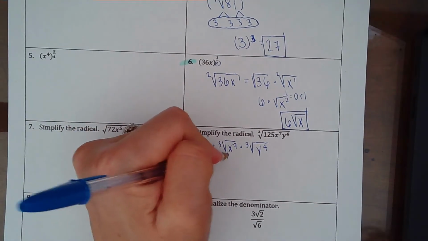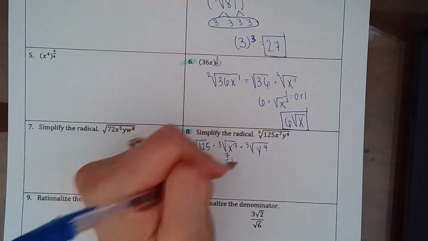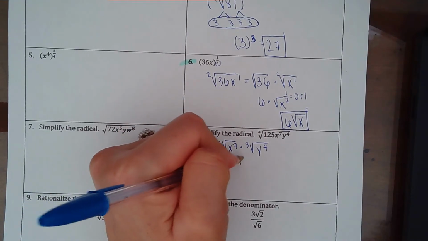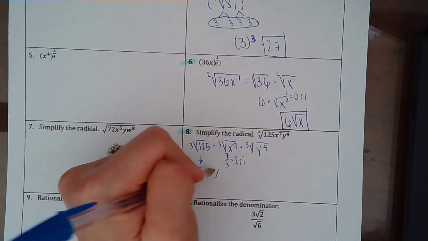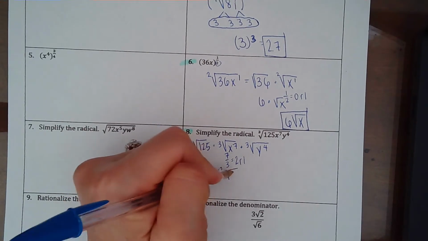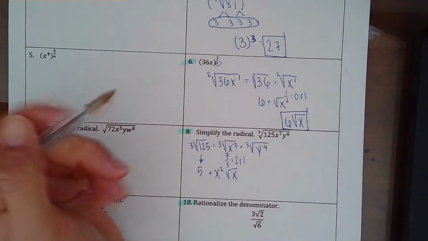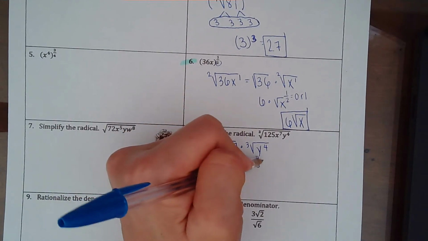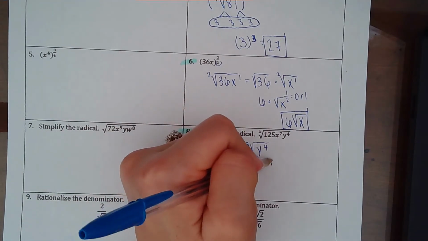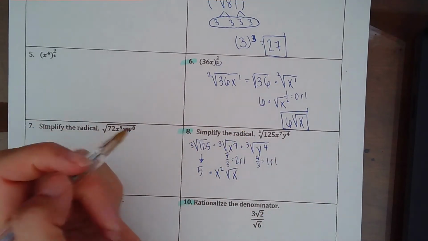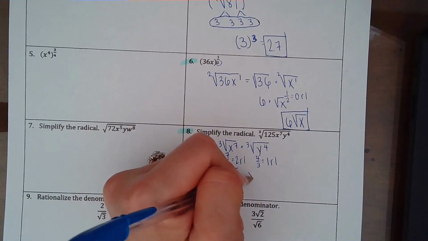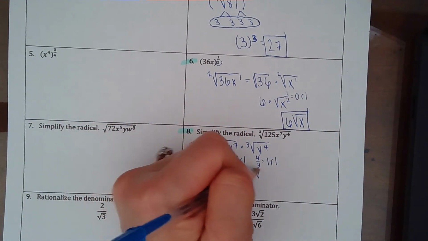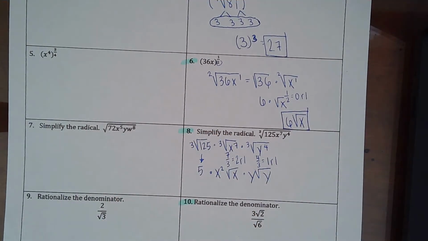This I'm going to do 7 divided by 3, which is going to be 2, remainder 1. So I'm going to have an x squared with 1 x left inside. And then this is going to be 4 divided by 3, which would be 1 remainder 1, which means that I can have 1 y come out and 1 y left over.